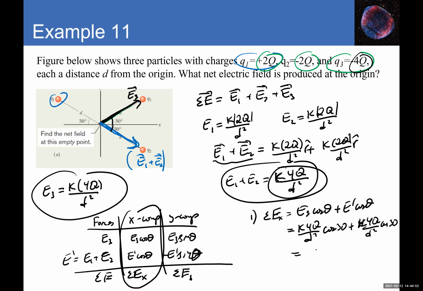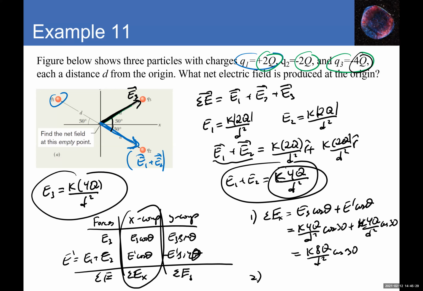So basically I get two of that. So I get K 8Q over D squared cosine of 30.